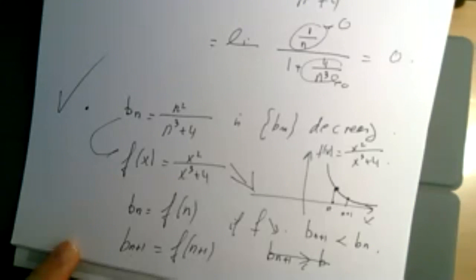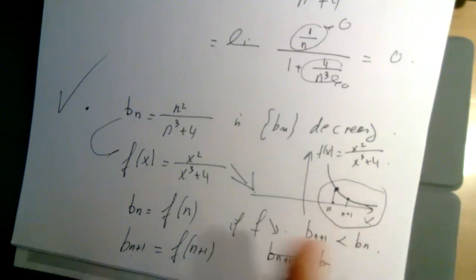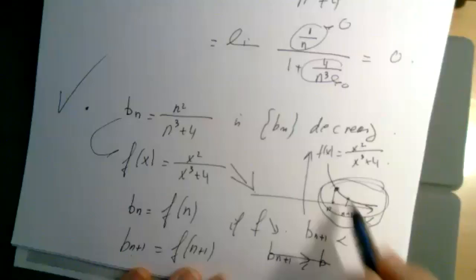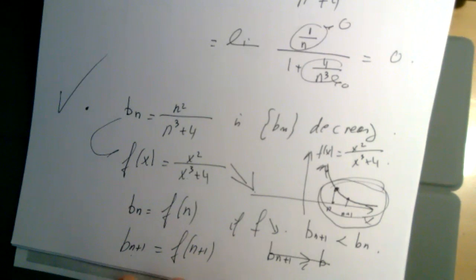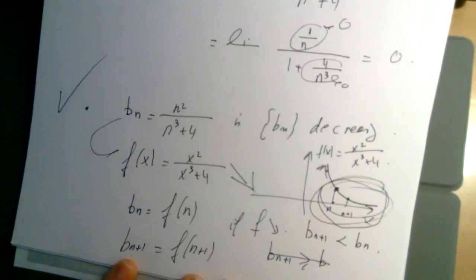And what we care about is decreasing eventually. What happens at the beginning is not really very important. What matters is what happens at the end, not what happens at the beginning. Right, any other questions before we proceed?